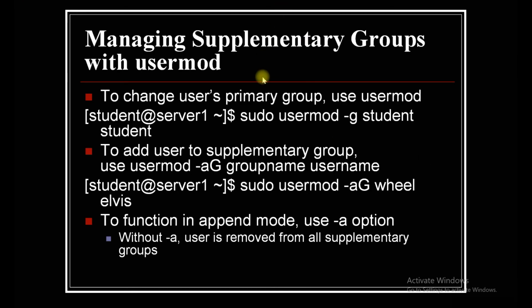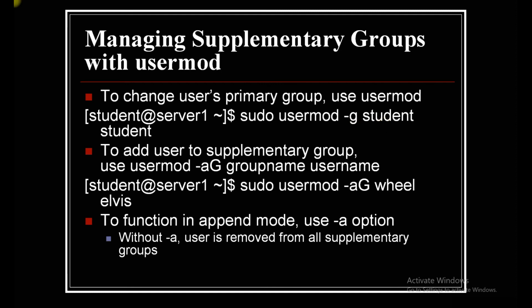Next, managing supplementary groups. How can you do it? usermod -g. If you want to make student part of, maybe, the HR group, small g is the primary group, so student's primary group is HR, for example.